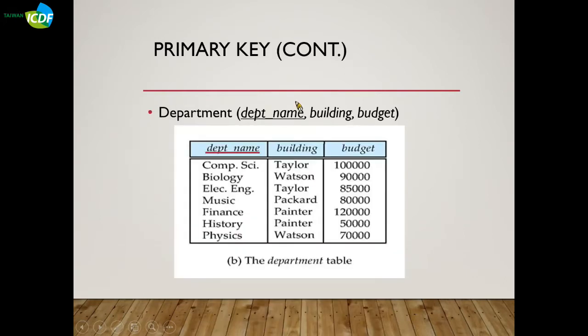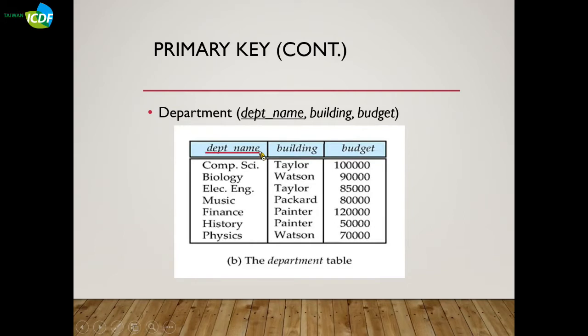And now let's consider other tables and their primary keys. Department table. In this table, there are three attributes: department name, building, and budget. Here department name is the primary key.